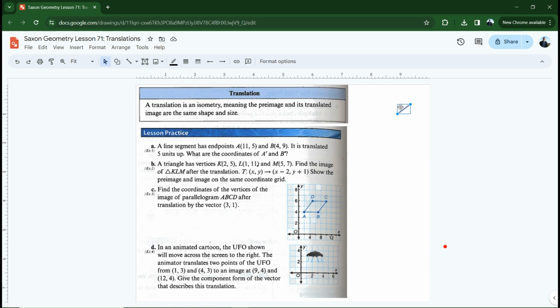That's a lot of points. There's an infinite number of points on a line segment. So I'm not going to be able to move all of the points individually, but what I can do is take the two endpoints, move the two endpoints up, and then just connect those two endpoints with a line segment in between. So that's why it only asked me for the coordinates of the two endpoints.